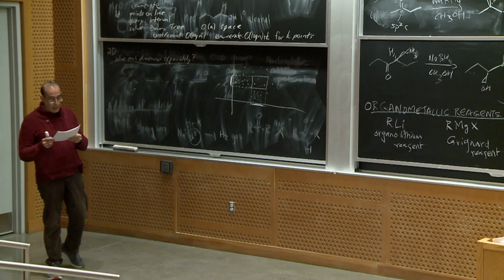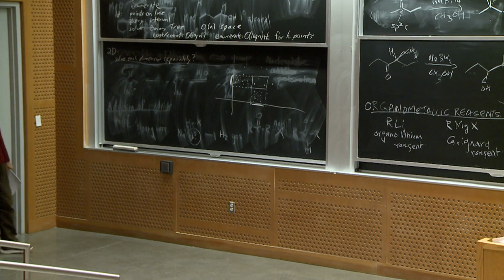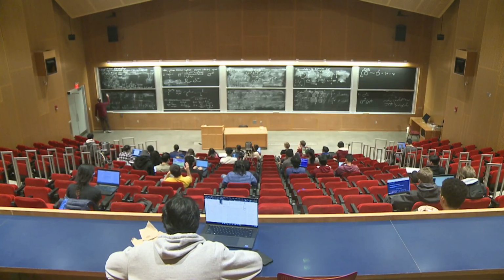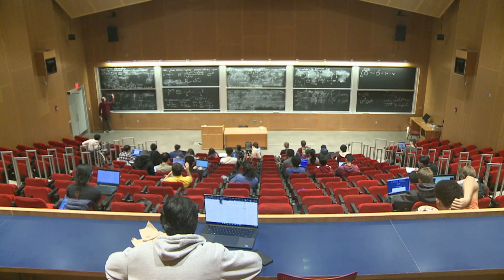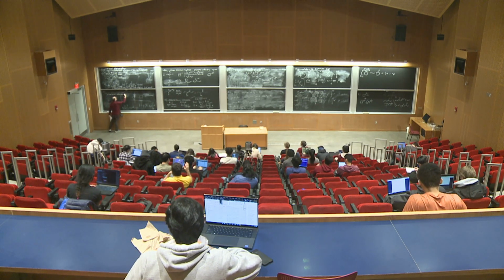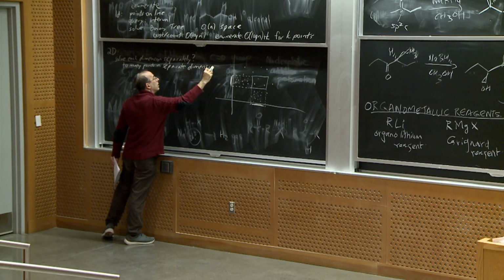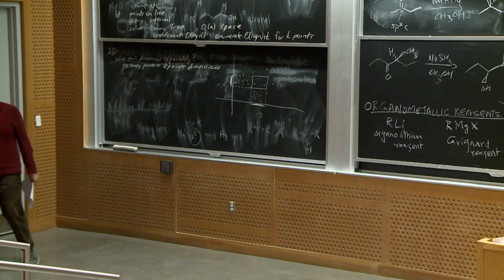Okay? So how might we hope to do a little better? Right? So too many points in the separate dimensions. So that doesn't work very well. How might we do better?